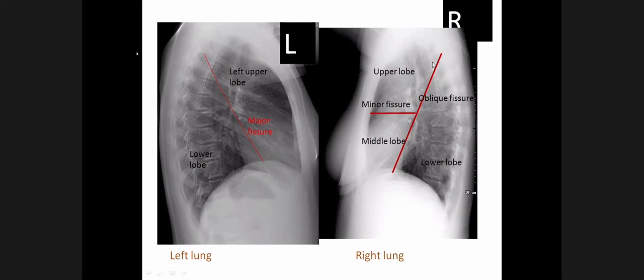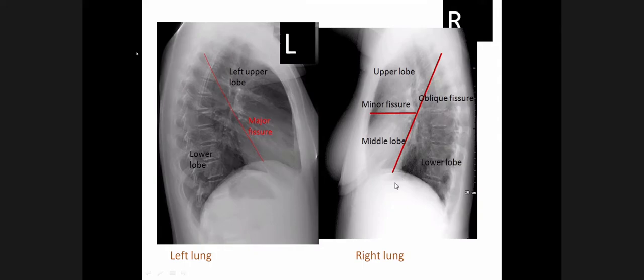Both lower lobes on both sides are inferior or posterior to the oblique fissure. This is the oblique fissure. This is a lower lobe in the right lung, and this is a lower lobe in the left lung. Both lie inferior and posterior to the oblique fissure. So if the lobe is posterior or posteroinferior to the oblique fissure, it is a lower lobe.